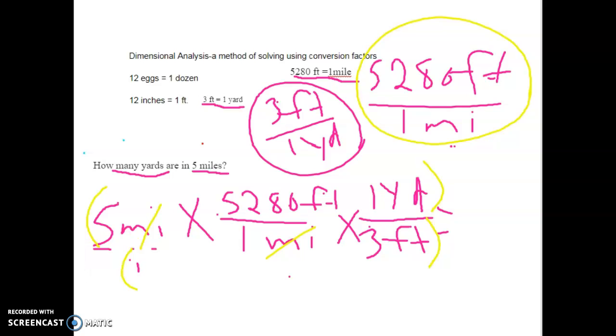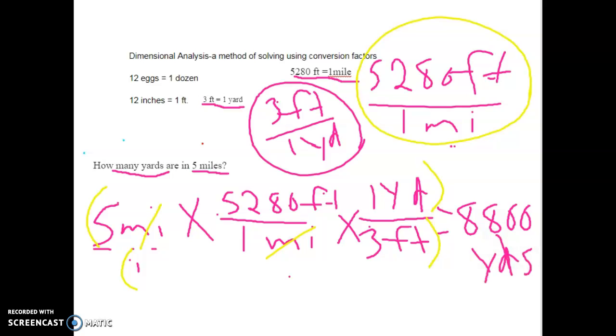So I take 5, I'm going to grab my calculator, 5 times 5,280 times 1, which we don't care about, right? So 26,400 if I multiply all the stuff on top, and then I'm going to divide that by 1 times 3, which is going to give me a total of 8,800 yards.